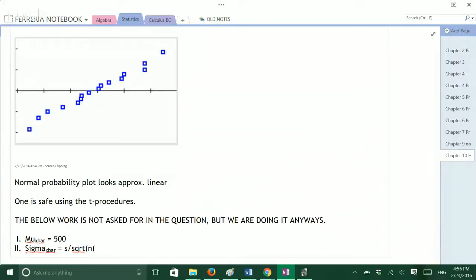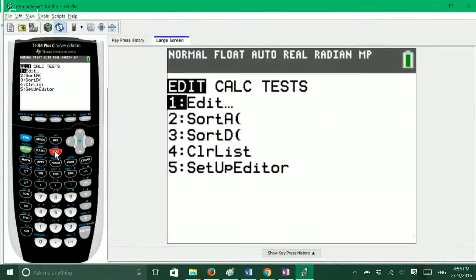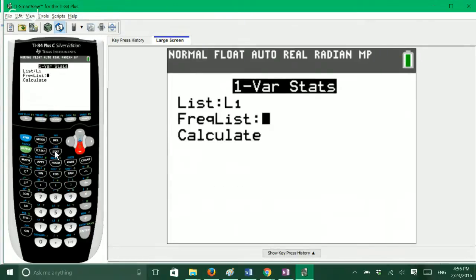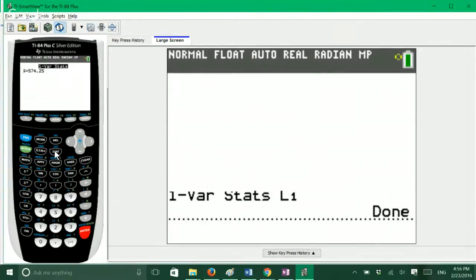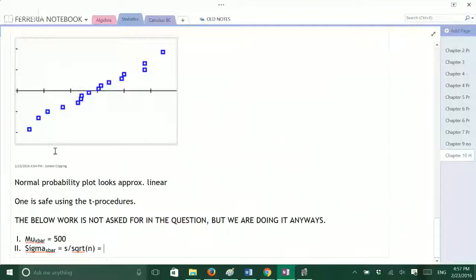So we should figure that out. Our calculator from the stat menu tells us L1 has a standard deviation of 214.7. 214.7 divided by the square root of 16, about 53.